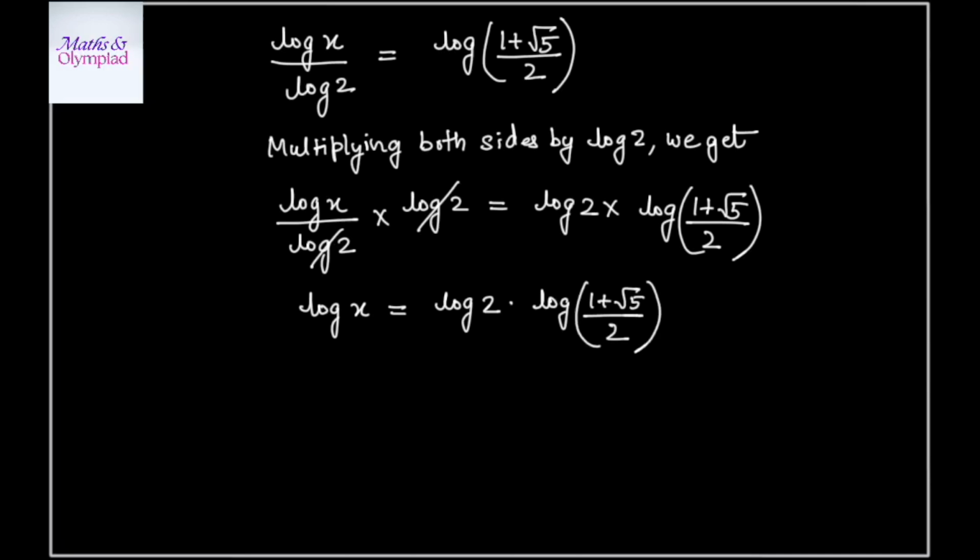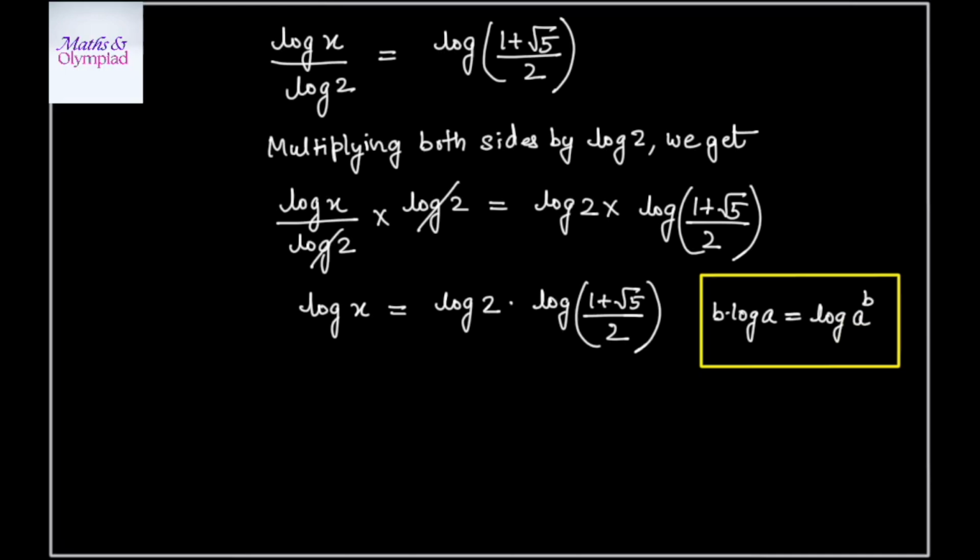Now I will apply another property of log, which says b times log a equal to log a raised to the power b. So this log 2 will become the exponent. So I can write log x equal to log of 1 plus root 5 over 2 whole raised to the power log 2.